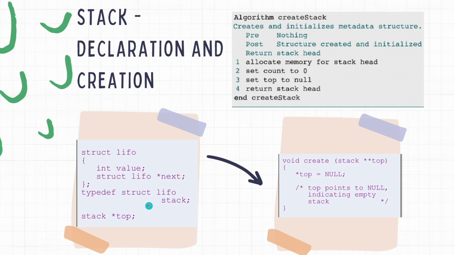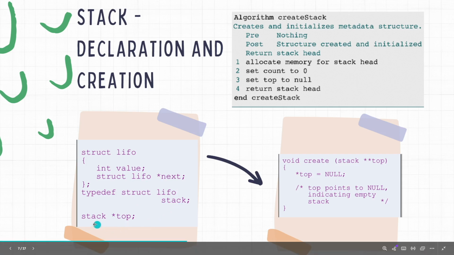And then I give an alias name for this structure named LIFO, and hereafter it is going to be called stack. Now, I define a variable for this structure named stack, and it is a pointer variable. So, top is a pointer pointing to a structure of type stack, right.